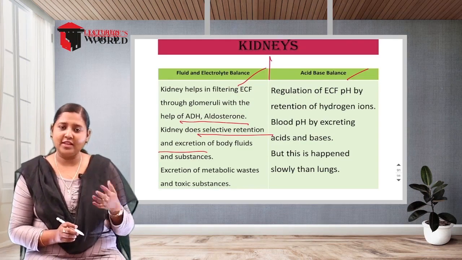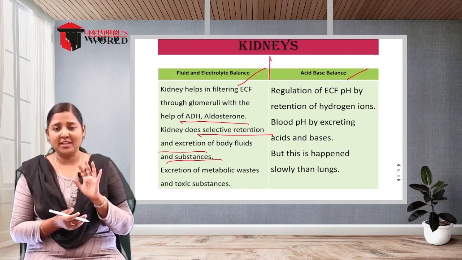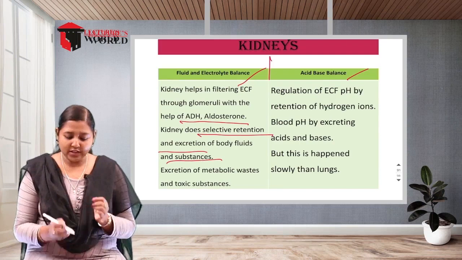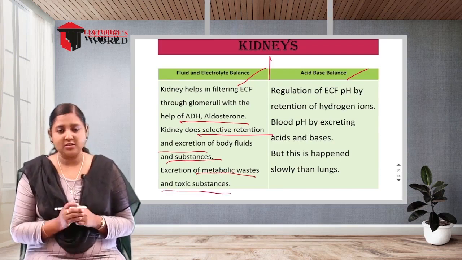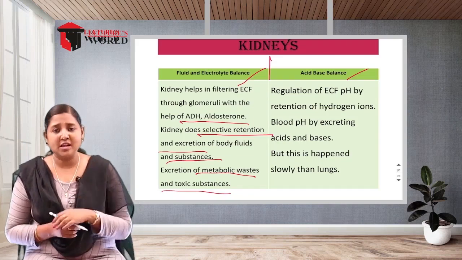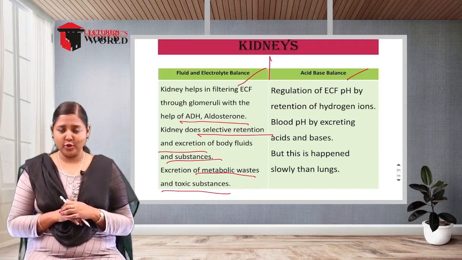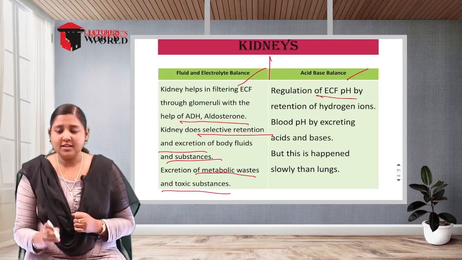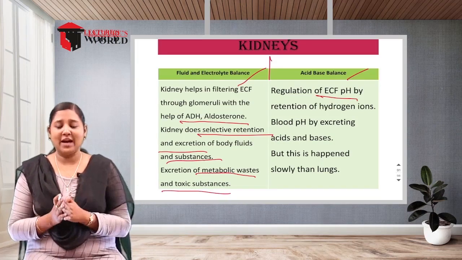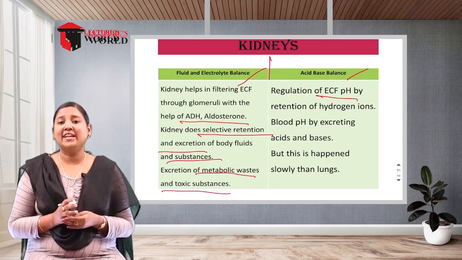So there will be selective retention for some things and selective secretion for others. It can be fluid or it can be a substance, but the kidney is helping with that. And when they are excreting metabolic waste and toxic substances, again they are maintaining the fluid and electrolyte balance. But when it comes to the acid-base balance, what exactly does the kidney do? The kidney regulates the extracellular fluid pH value by retention of hydrogen ions.